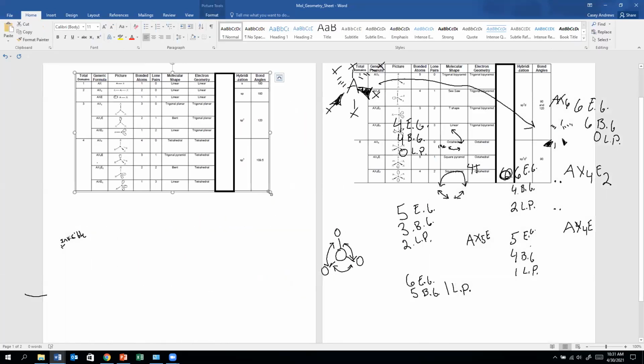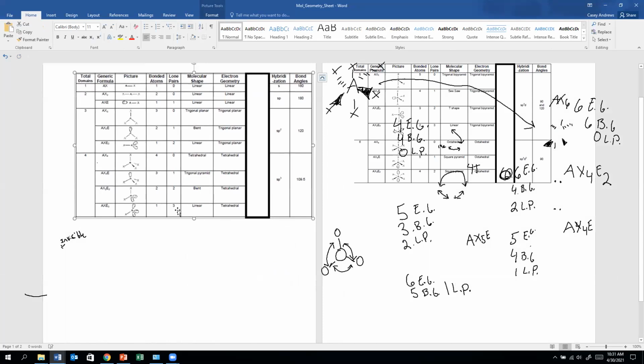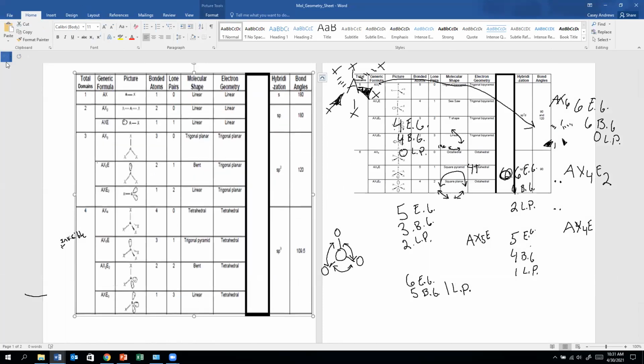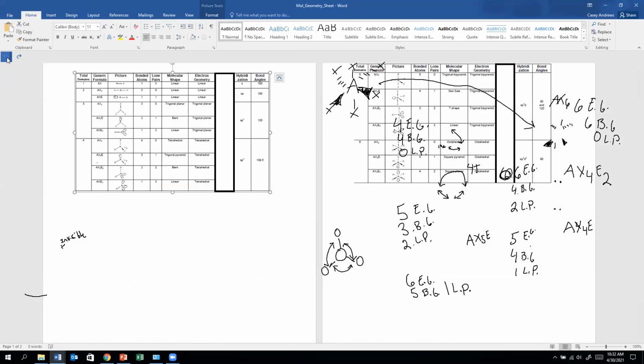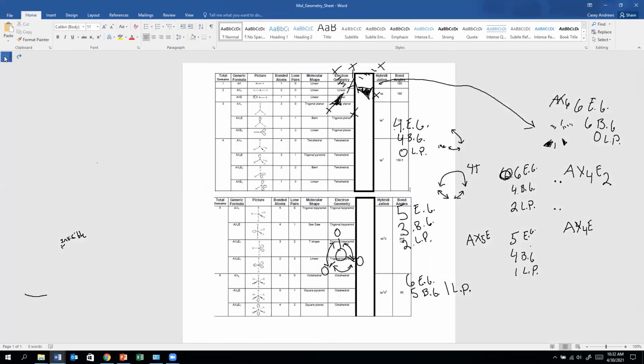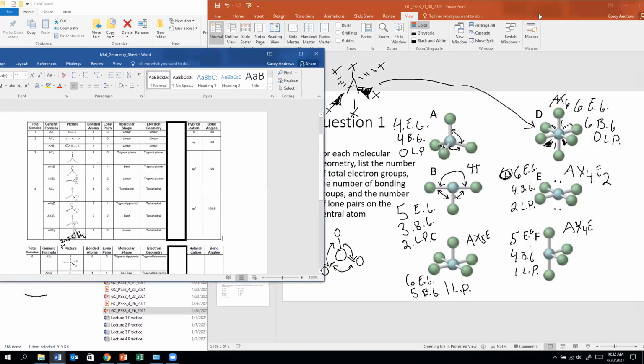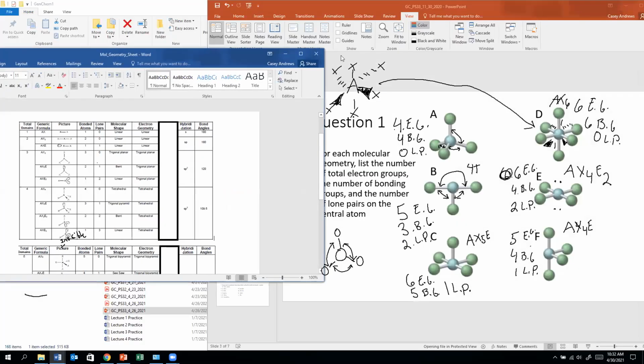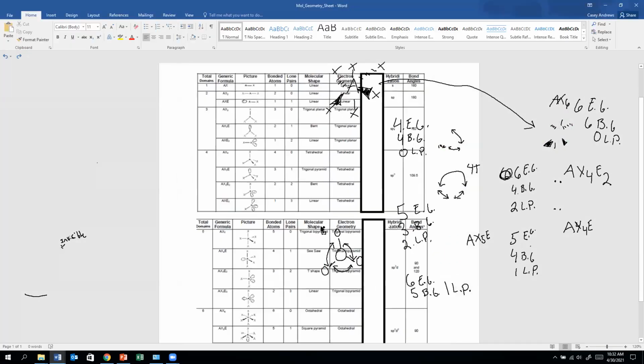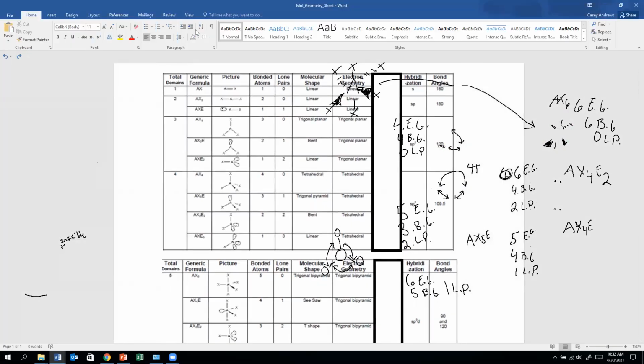So let's see. That's not going to work. Well, I'll see if I can find a better table. These are just generic tables that I found on the internet, so I can see if I can find a better one. The subscripts like Ax2 and all those, I wouldn't worry too much about that because all those subscripts are saying are just these numbers.